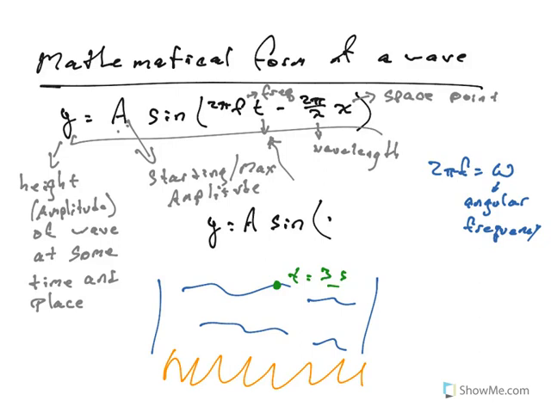So we got omega times t. And then, as I said before, this 2 pi over lambda, that thing I'll call k, the wave number. And so when I put it in my equation, this just becomes kx.